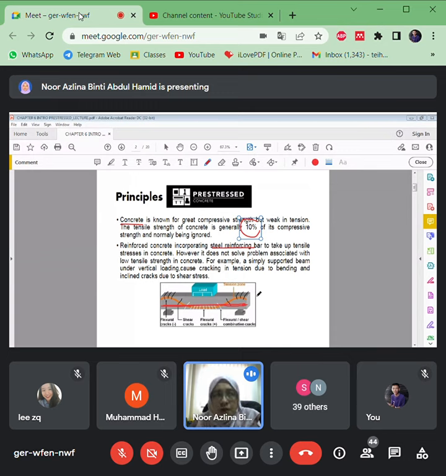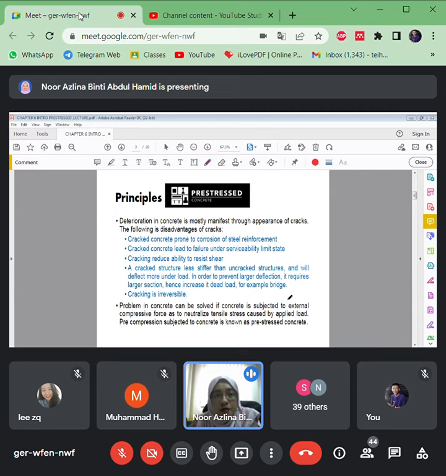Of course it enhances the strength of the concrete, but at the same time the problem of cracks still occurs, either flexure cracks or shear cracks, especially initially at the bottom, which is due to the bending and deformations once we apply the load to the structure.